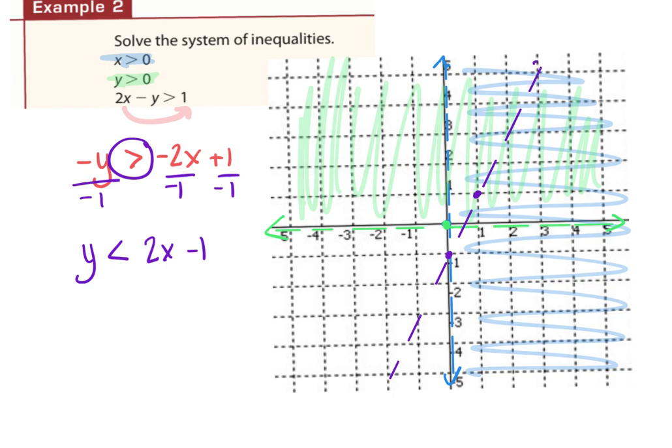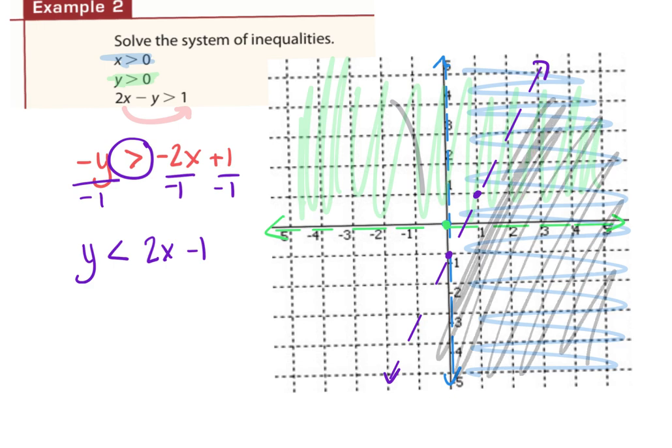And for this one, we are going to say, okay, where is the y value? The y value is here. Where is less than? It's on this side of the line. So this side of the line right here. So I am going to shade on this side of the line. And so now I have to look where all three of them cross over. Well, all three of them cross over right here in this little wedge.